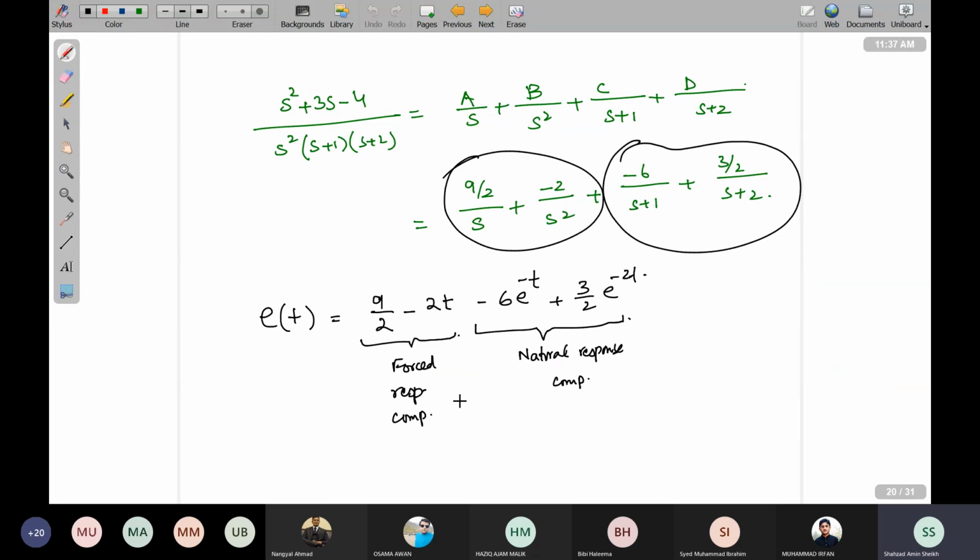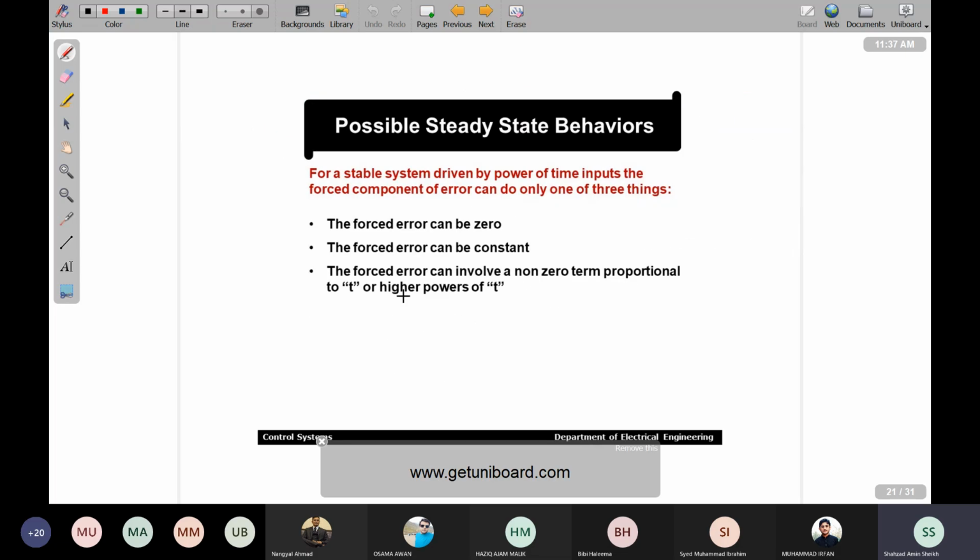Yes, sir. Okay. So for a stable system driven by power of time inputs, the forced component of the error can do only one of these three things.